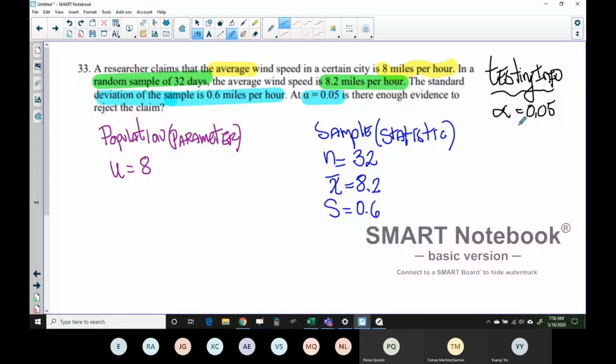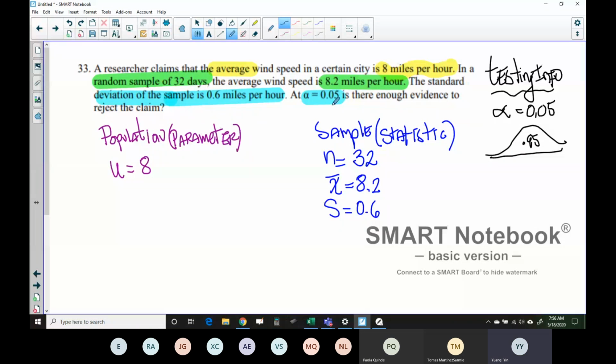Could you tell me what percentage they want to test at based on this number? 95%. So that means that they're going to have a 0.95 in the middle, and this 5% is going to divide it either on one side or two sides. That's something that we need to determine based on this, okay?